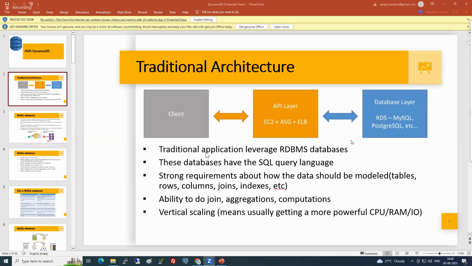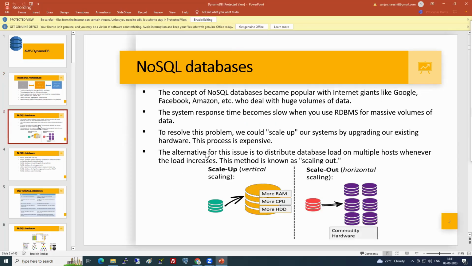So in RDBMS, that is a problem. You cannot keep on increasing the capacity of the server. For that reason, if you need super high performance, big companies like Amazon, Facebook, very big internet giants started with something called NoSQL databases.